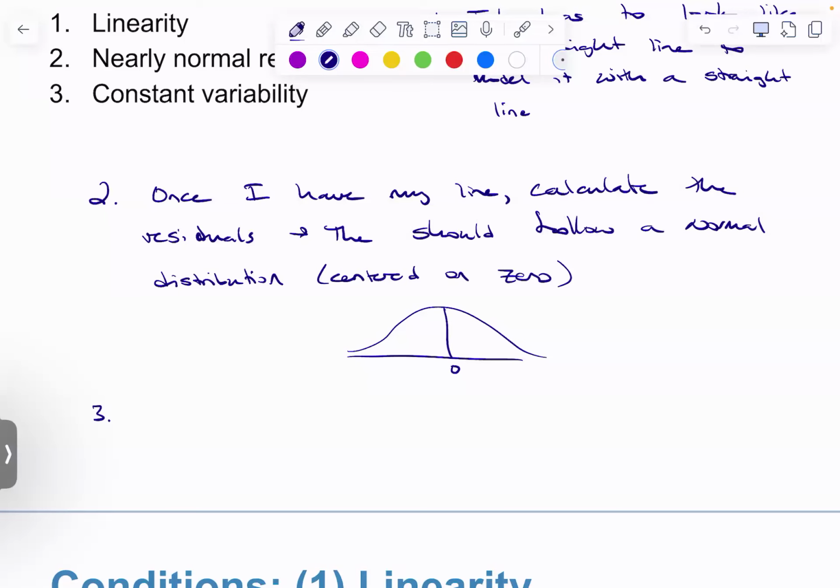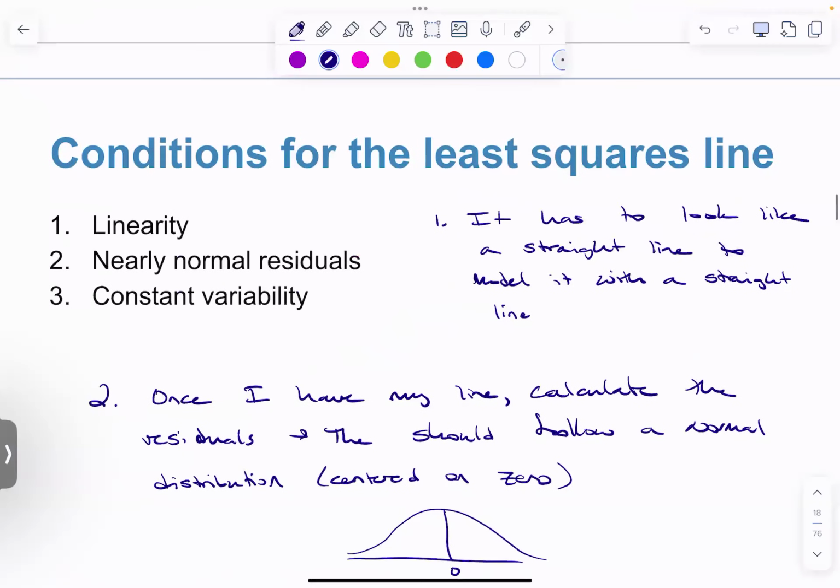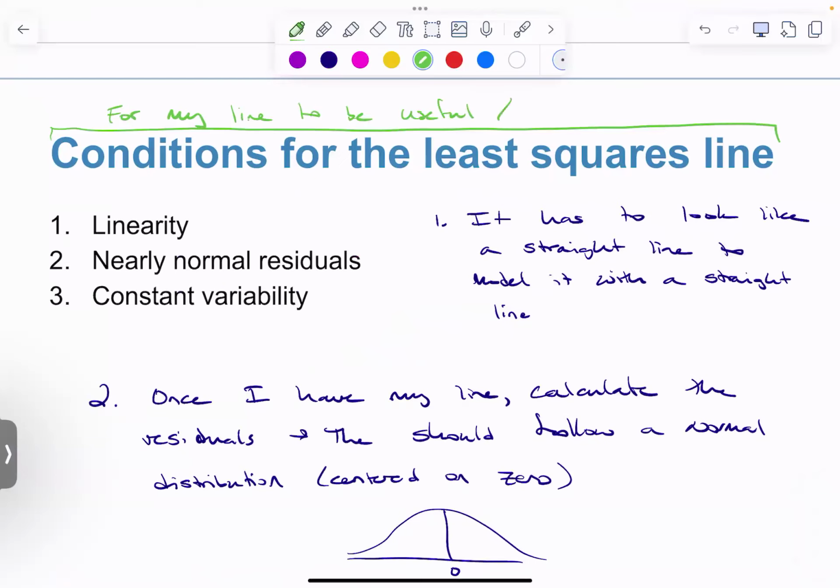Constant variability. In order for my line to be useful, which is really what we're checking here, conditions for my line to be useful, slash my predictions being robust, usually is what we say, or reliable, let's say reliable predictions, we need to check these conditions.